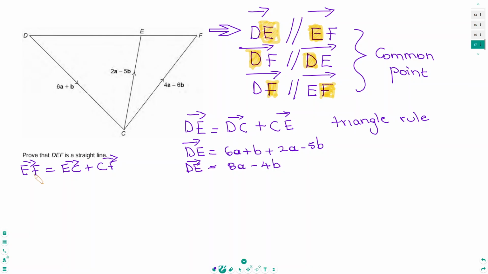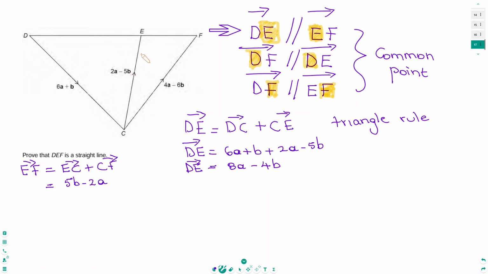the EF vector is the sum of the vector EC plus the CF. Therefore, the EF vector is changing the sign of the vector CE because it goes in the opposite direction. We have 5b minus 2a.